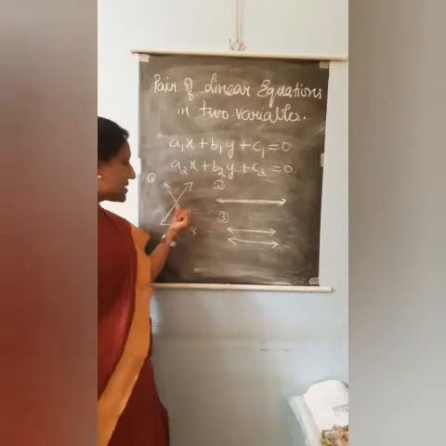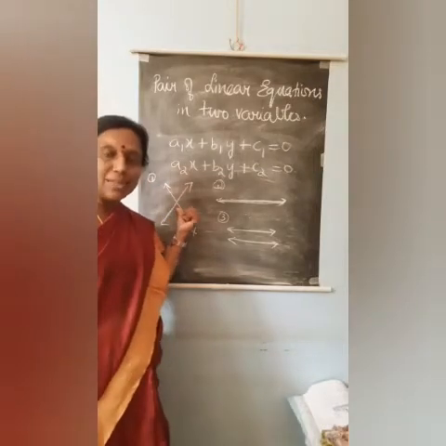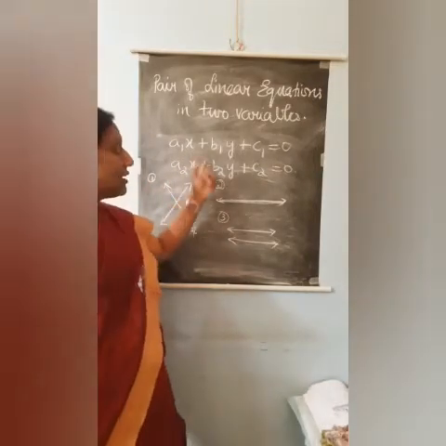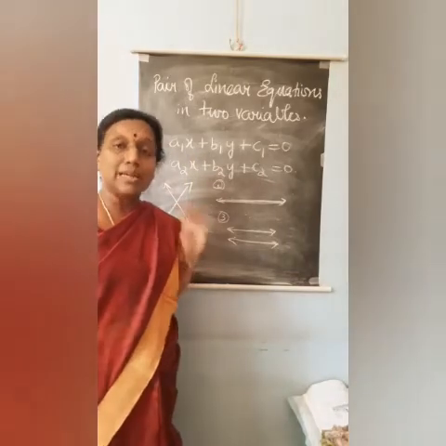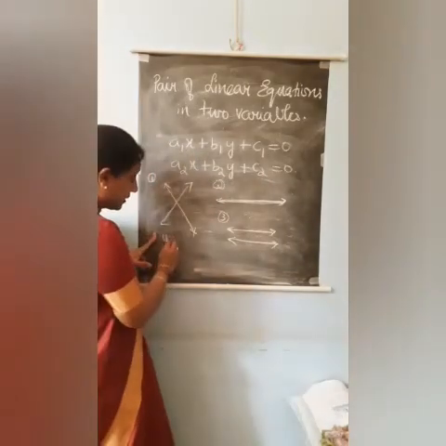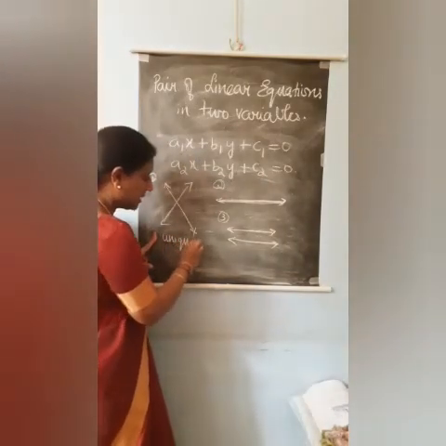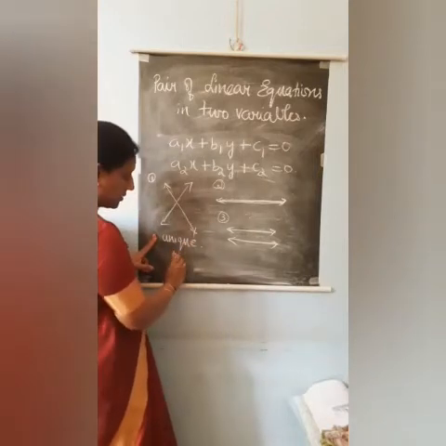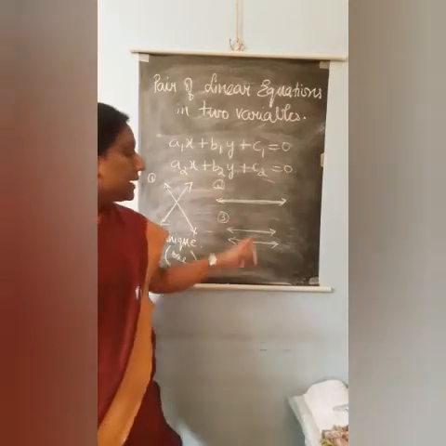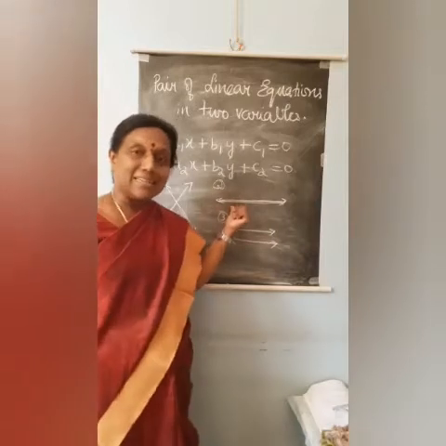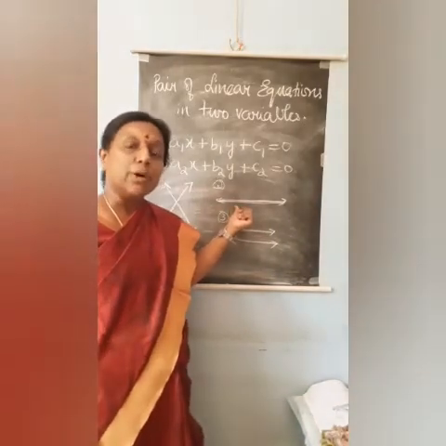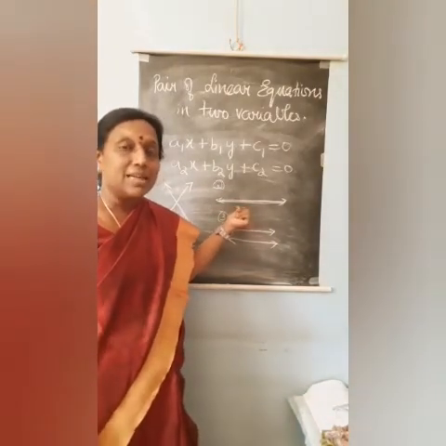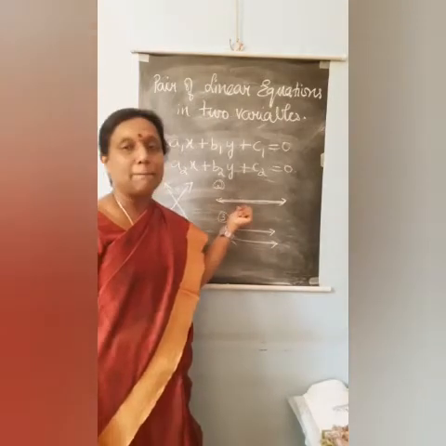Now, when they intersect at one point, that means the pair of lines will have a unique solution. How many? Unique. That means only one solution. If they coincide, how many common points will they have? They will have infinitely many.